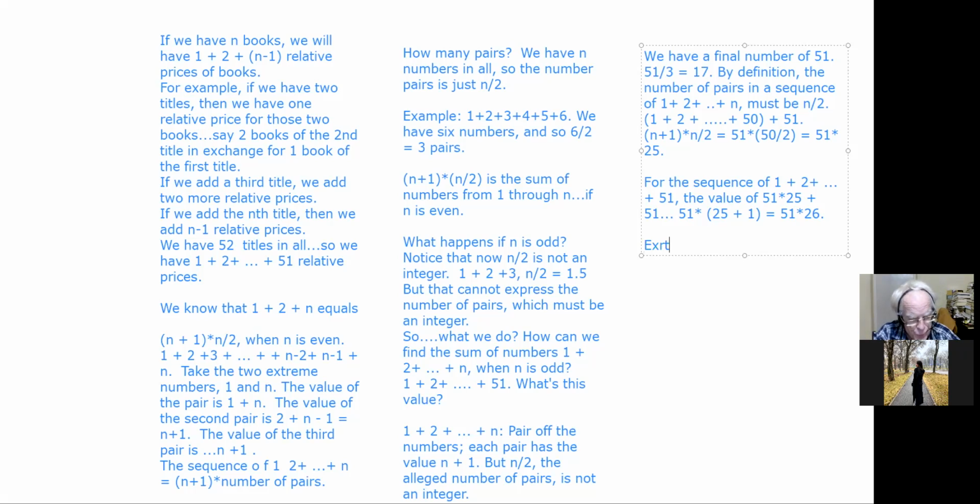So for extra credit, I will let you show that the formula of n plus 1 times n over 2 works even when n is an odd number.